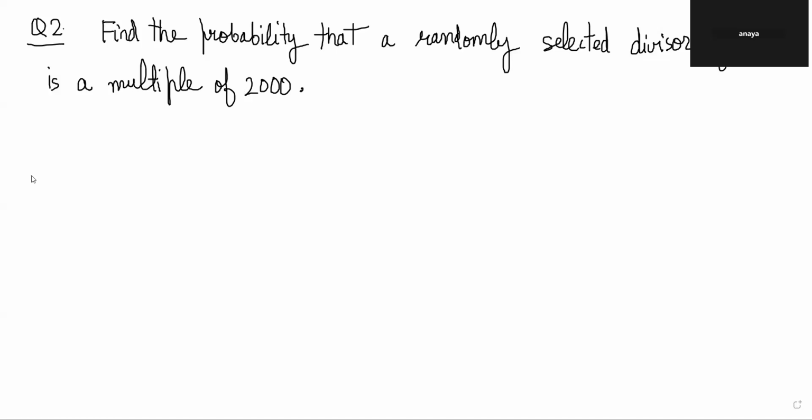In order to do the question, you need to be able to write the prime factorization of this. I got the prime factorization as 2 to the power 18 times 3 to the power 8 times 5 to the power 4 times 7 to the power 2 times 11 times 13 times 17 times 19. And the prime factorization of 2000 was 2 to the power 4 times 5 to the power 3.